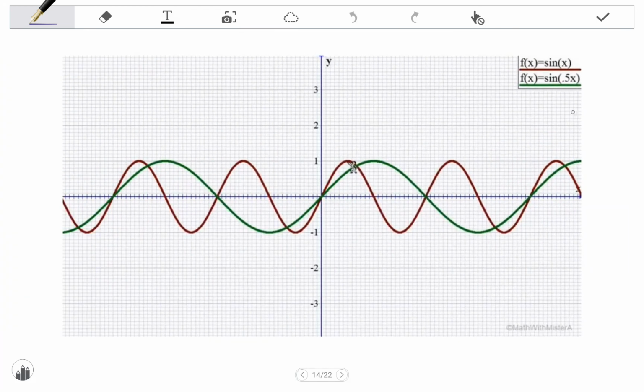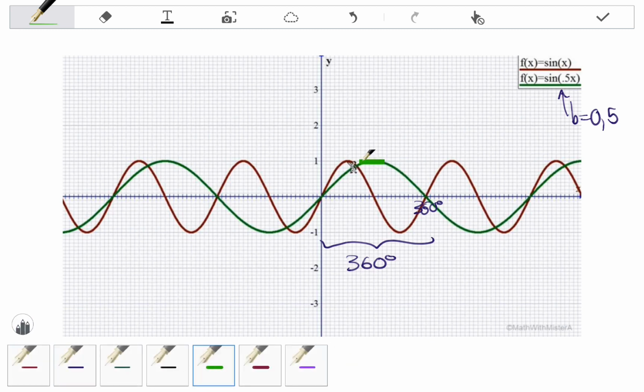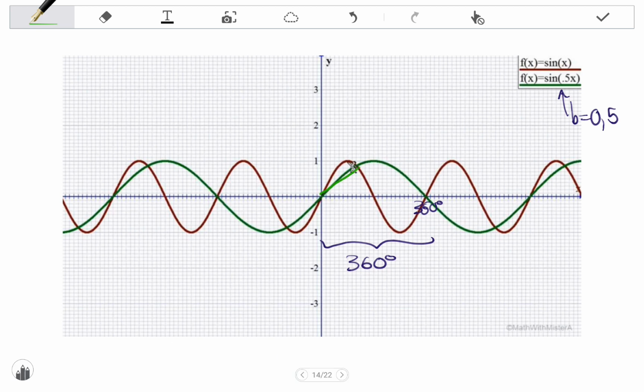Okay, now we have a B value that is less than 1. So here B is 0.5 or a half. The red graph is our original graph that had a period of 360 degrees. Now if we look at the graph sine half x, its period is double that.